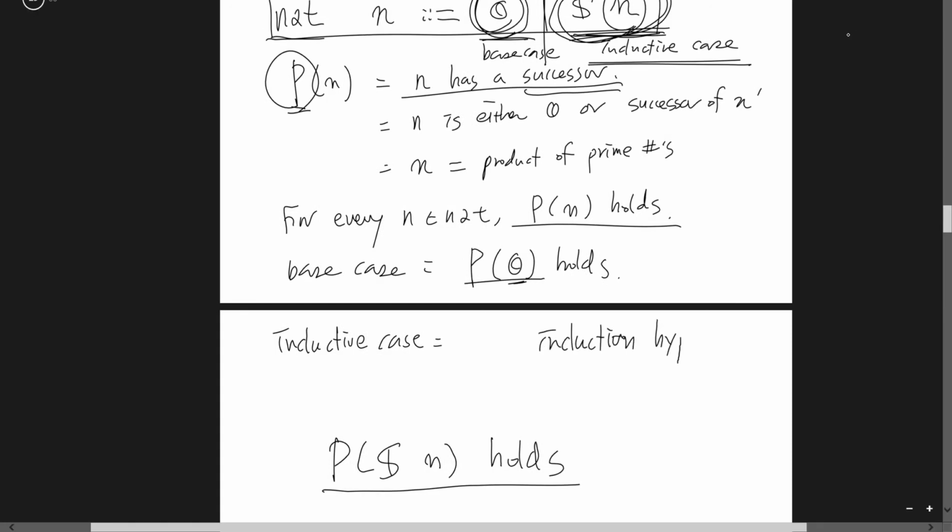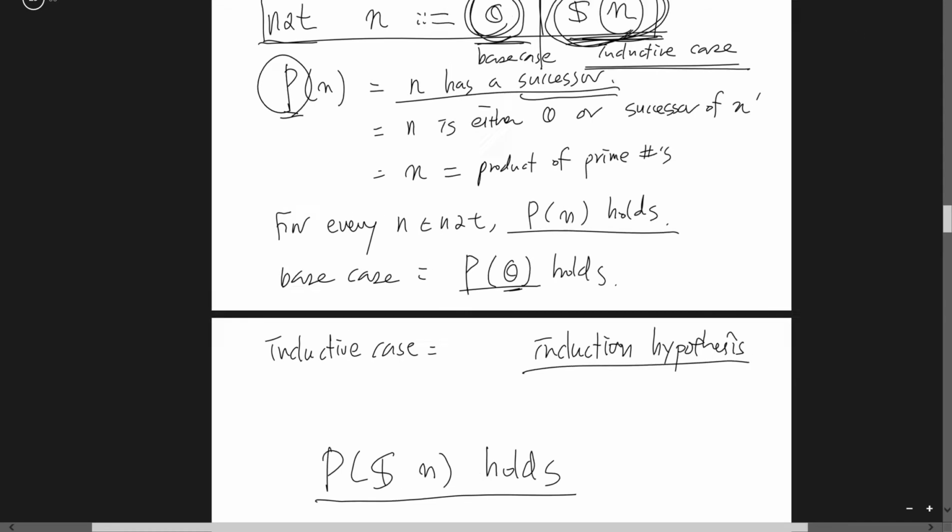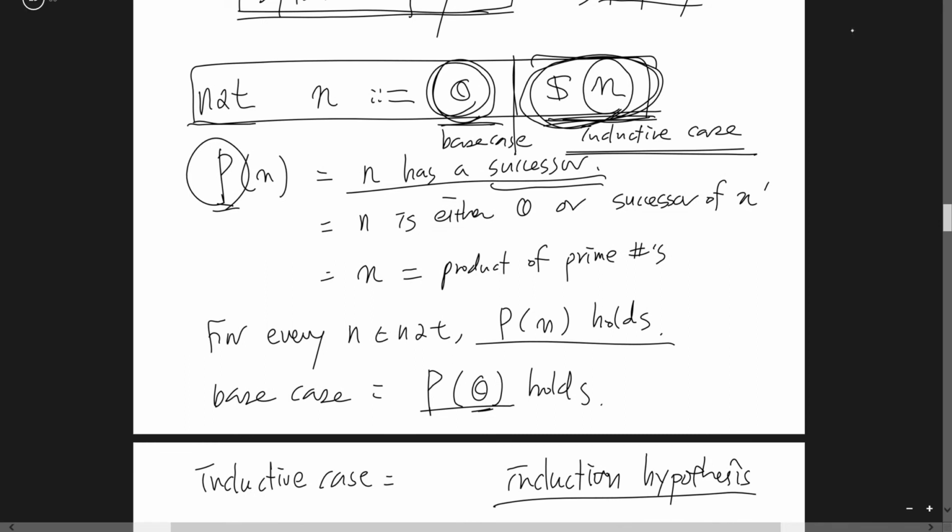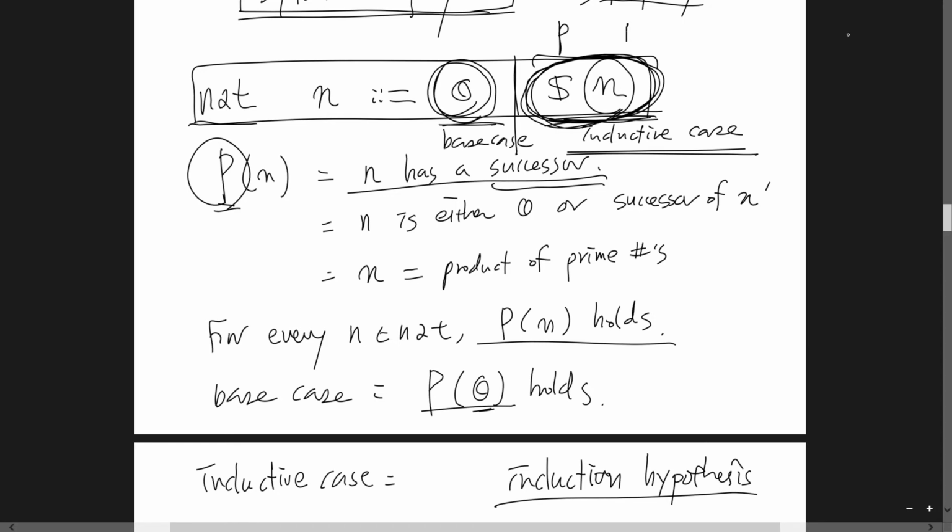The idea is that we'd like to show that some property P holds for this natural number successor of n, provided that the same property P holds for something smaller. This n is strictly smaller than the whole natural number here. So we are permitted to make an assumption that the property P holds for this smaller element n.